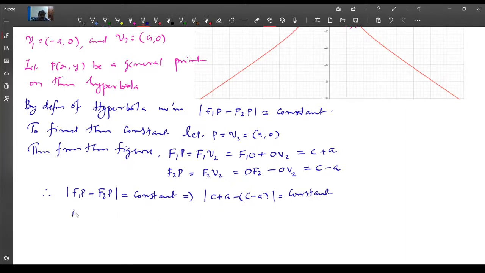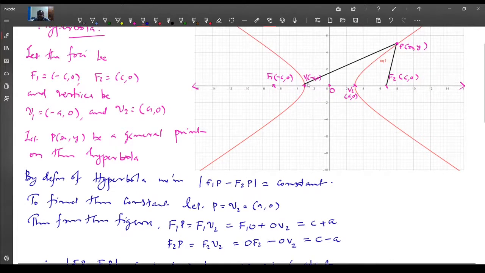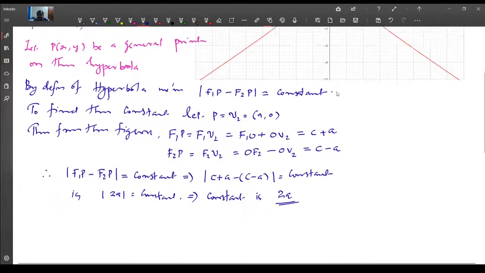That is, the absolute value of 2a is the constant. We can take 2a to be positive, so the constant is 2a. Remember that it is the distance between vertex 1 and vertex 2.